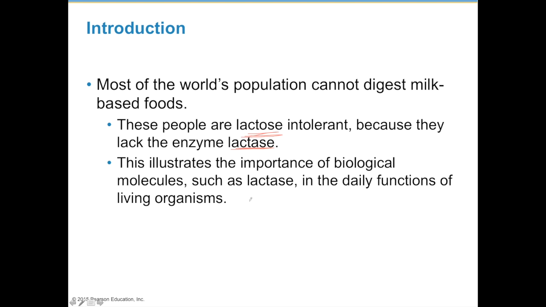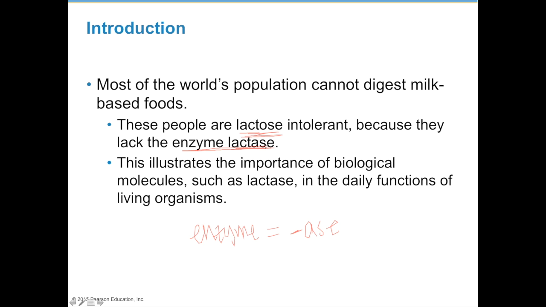So that's the introduction, looking at the role of the enzyme lactase with lactose. Again, the enzyme lactase is what breaks down lactose. To give you an idea, we'll look a lot at enzymes. We know something is an enzyme by the ending -ase, like lactase here.